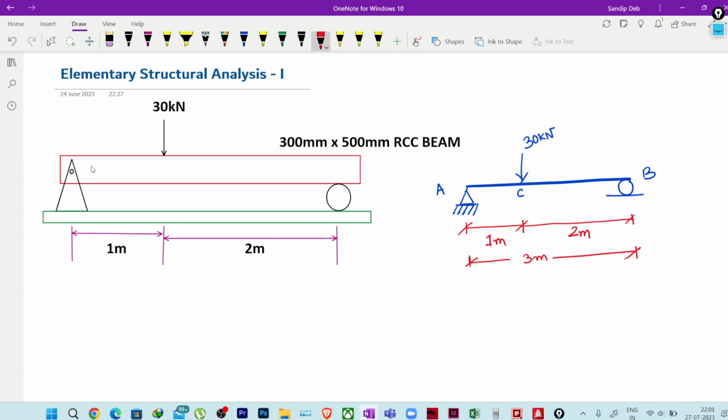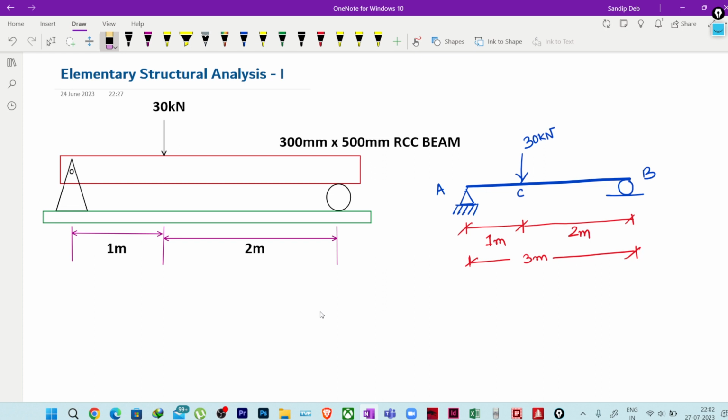You can see in this image, suppose two plates and a rounded rod here. If I put something like this, it can rotate like this, correct? So as it can rotate, there will be no moment.